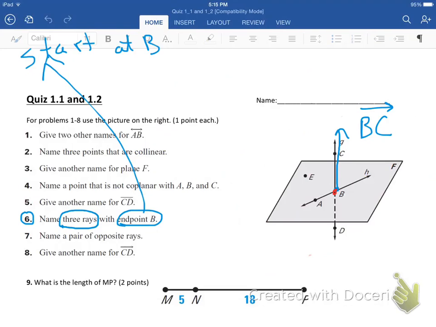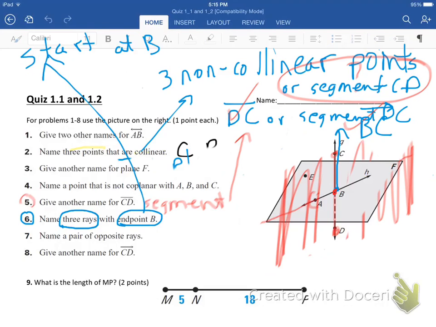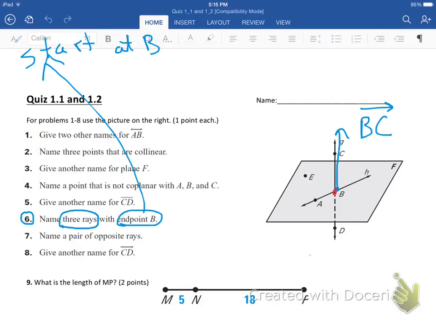You could start at B and go through A. So that would be start at B, go through the direction A, right there. And the last one that you can get, I'll do that in green, is you can start at B and go in the direction of D.